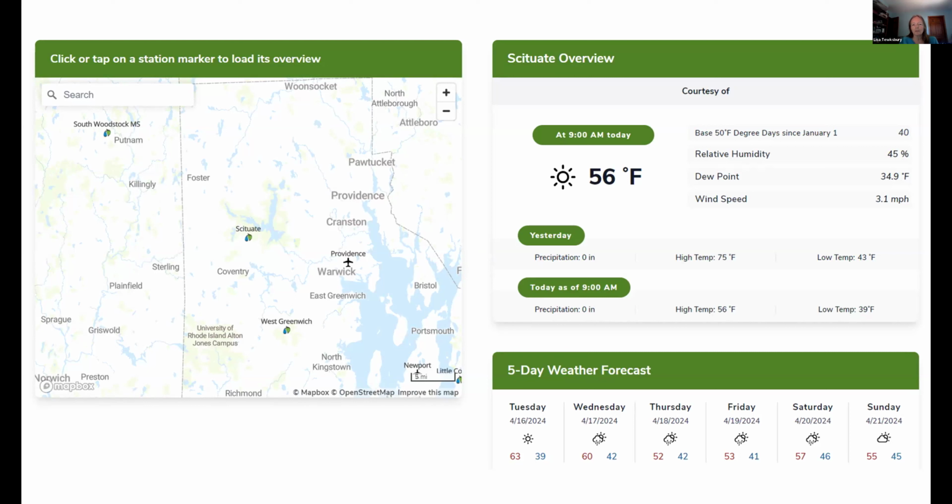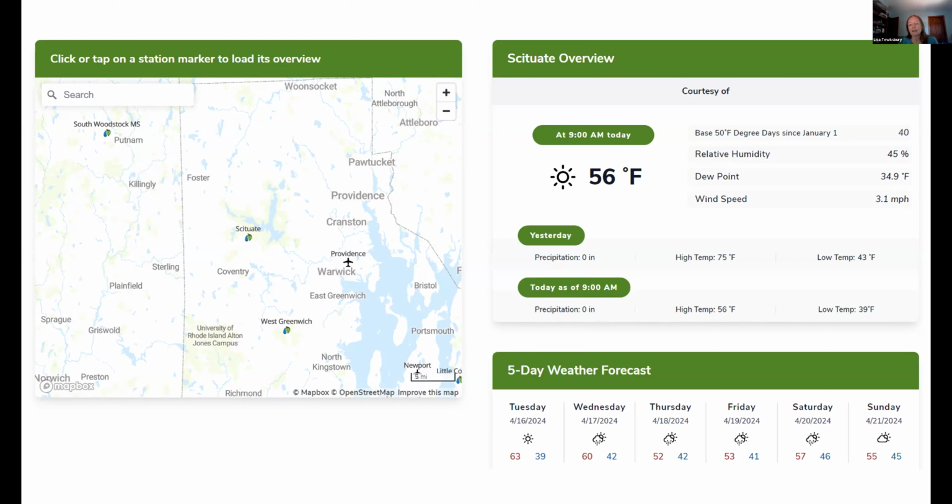And I don't know where all of them are, but I think one's in Scituate, one's in West Greenwich, maybe one's over in Little Compton. But I think there's a couple of others in Rhode Island, maybe near the airport or something. But you as a farmer or even as a gardener can get this information from whichever weather station is closest to yours.